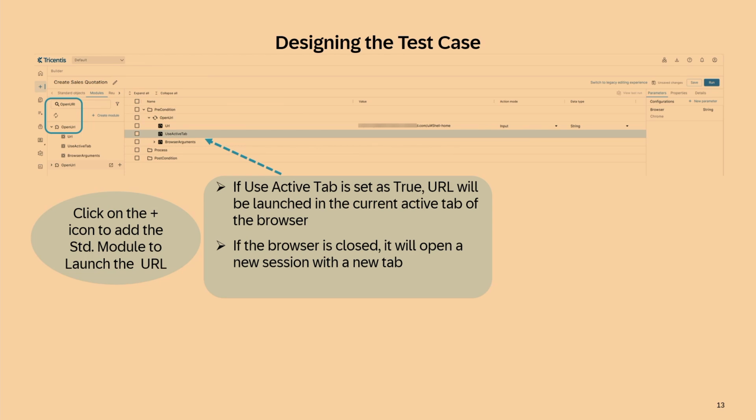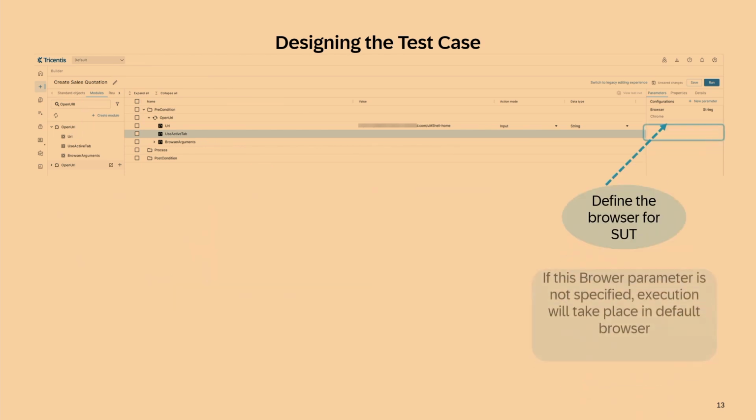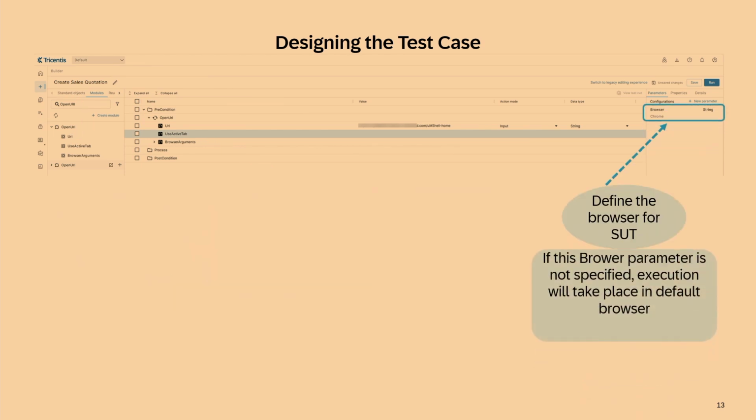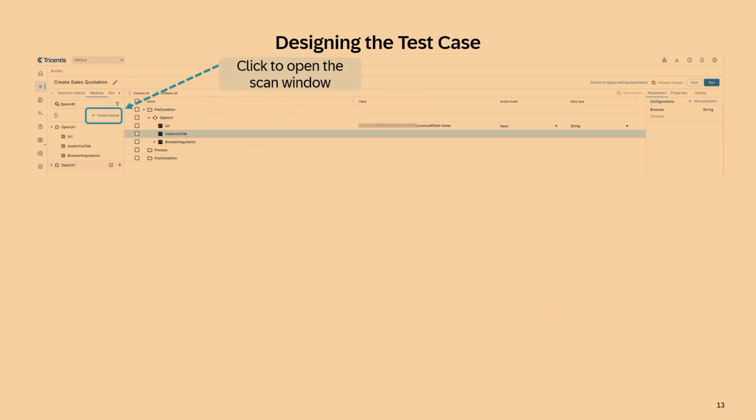If no active tab is loaded in the browser and you mentioned it for SUT, system under test, for example, in this case, there is no Chrome open, it will open a Chrome session with the URL I have used. So now you have launched the URL with the predefined standard object.